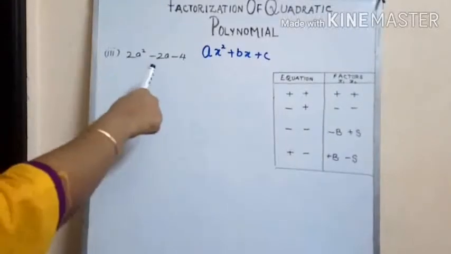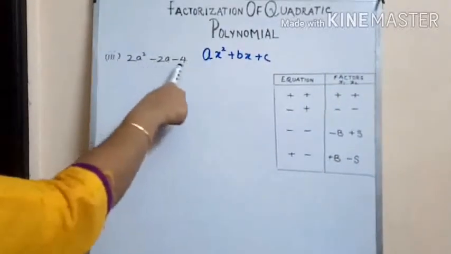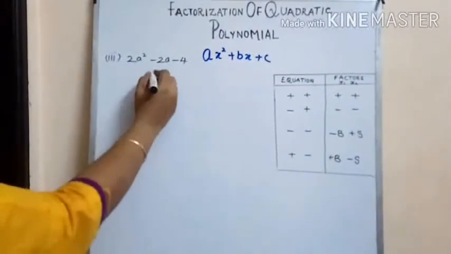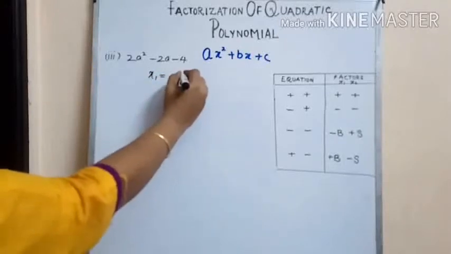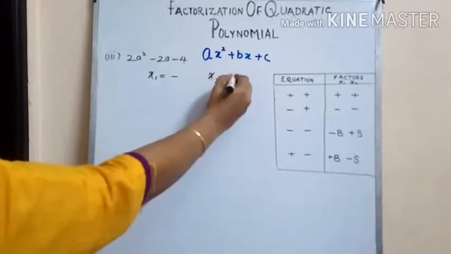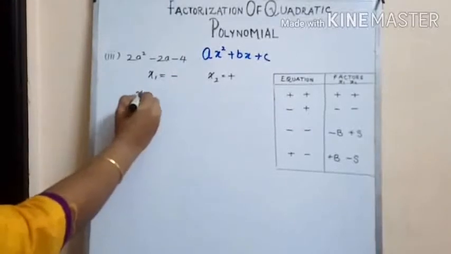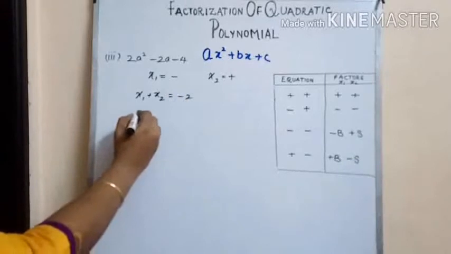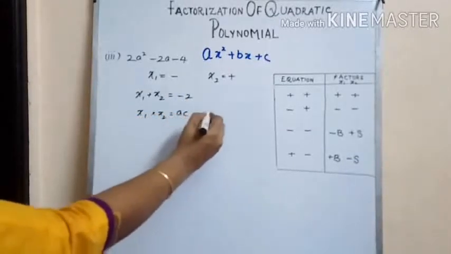This equation is of the third type. Here you have two negative signs in the equation. So your roots x1 and x2 should be such that the bigger number has the negative sign and the smaller number has the positive sign. Here x1 plus x2 is equal to -2 and x1 into x2, which is equal to ac, is equal to -8.